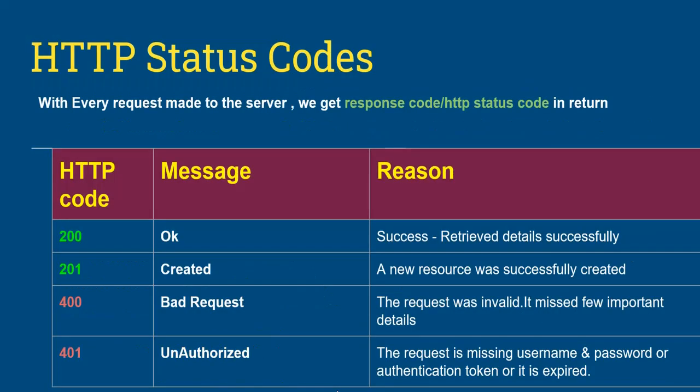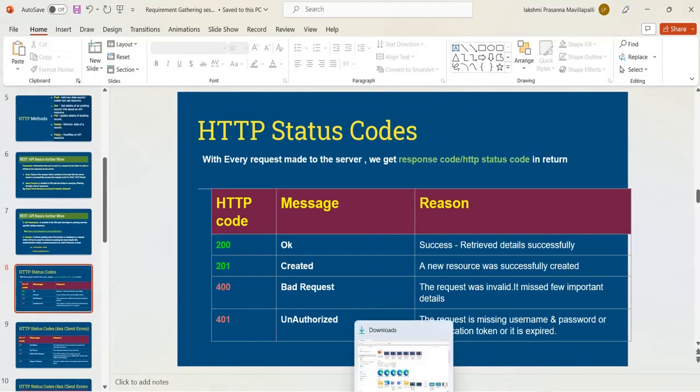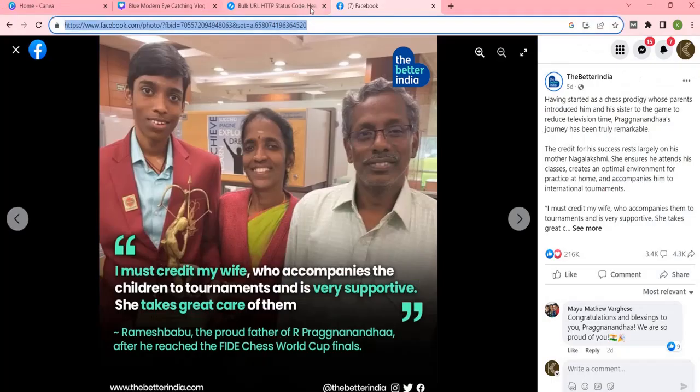Now it's time to understand different status codes. With every request we trigger to the server, we will get a response code or HTTP status code in the response. Once we hit any resource, that is not visible here.